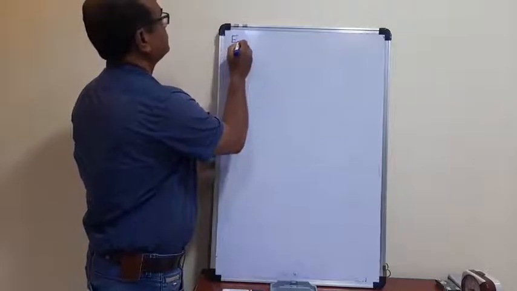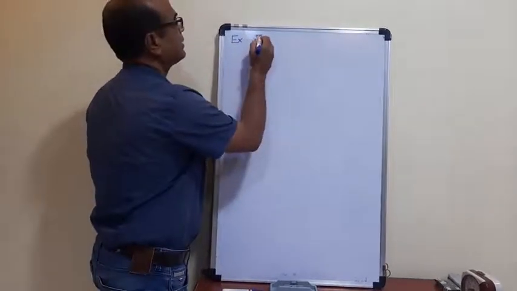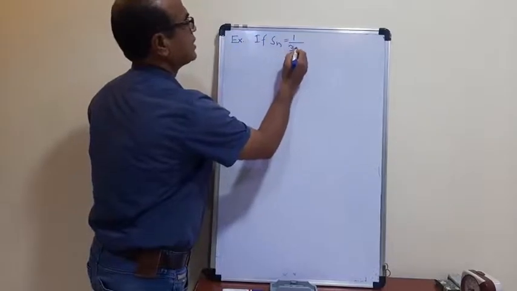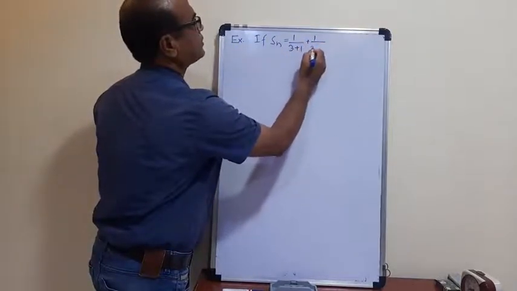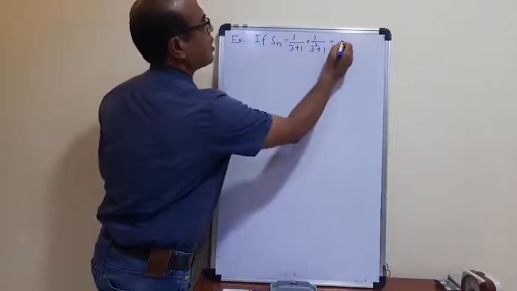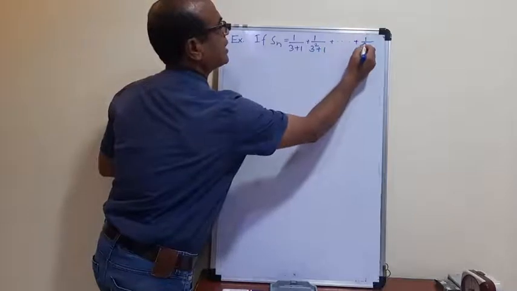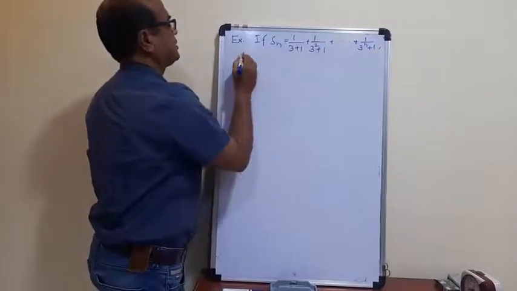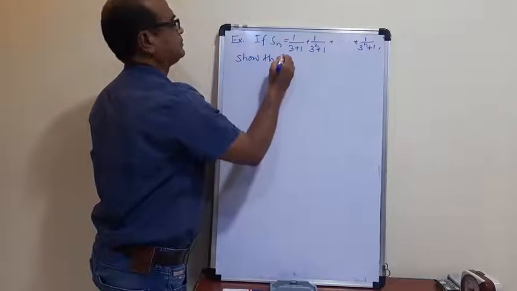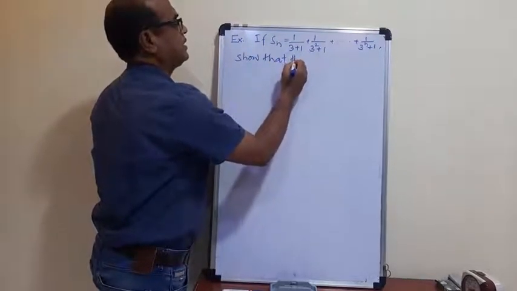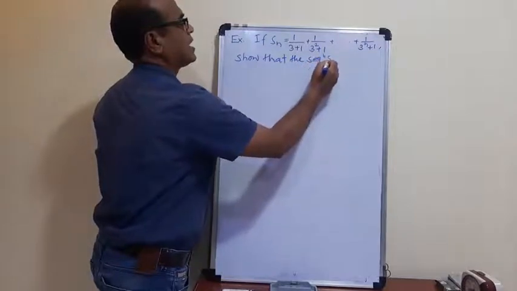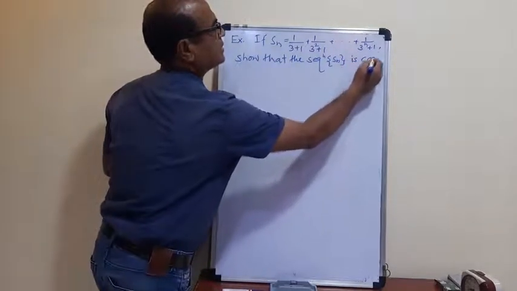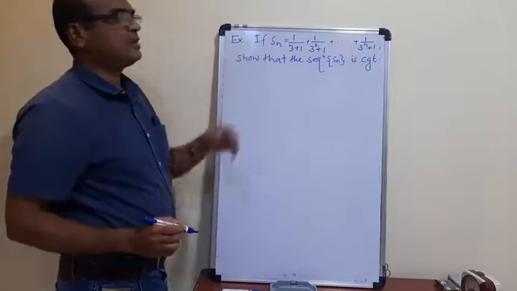Example: if Sn is equal to 1 upon 3 plus 1, plus 1 upon 3 square plus 1, and so on, 1 upon 3 raised to n plus 1, then show that the sequence Sn is convergent. So show that this sequence is convergent.